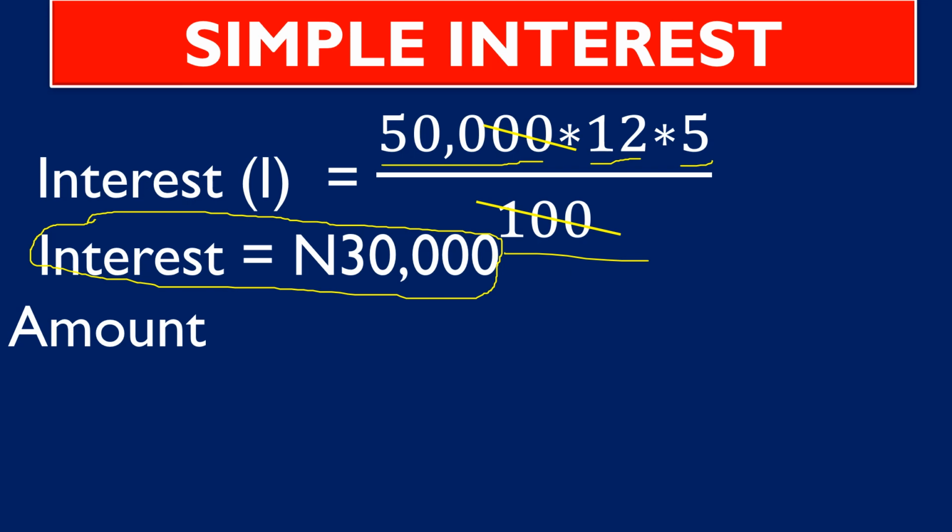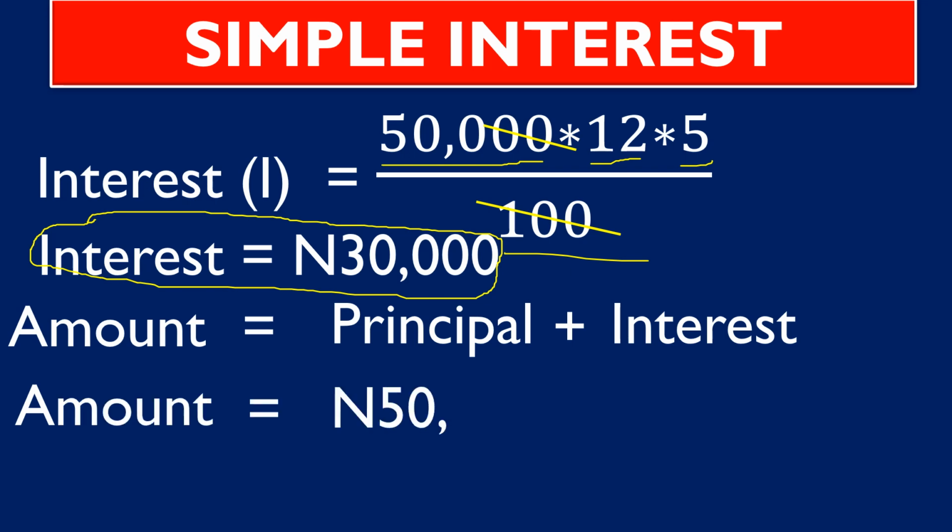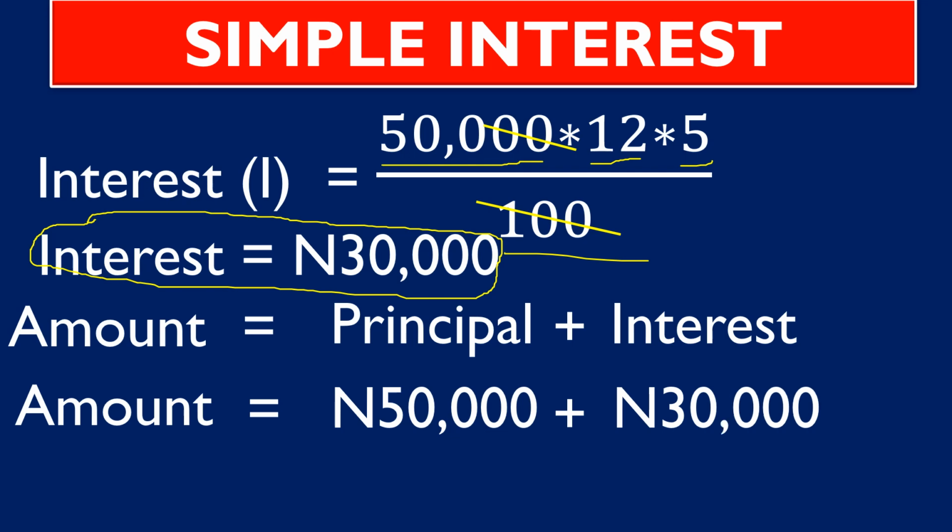Now let's look at the total amount that will be in her account after that 5 years. Remember, she initially started with 50,000 naira. So that is the principal, and then plus this interest. So at the end of 5 years, the amount that will be in her account is the initial amount she invested, which is 50,000 naira, plus the interest she was able to obtain after that 5 years, which is 30,000 naira.